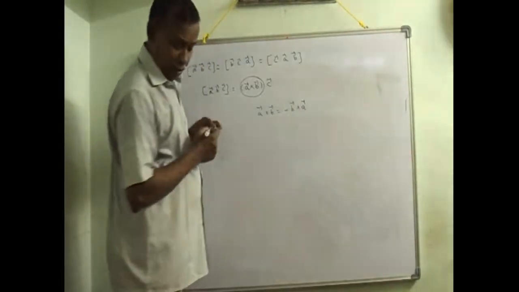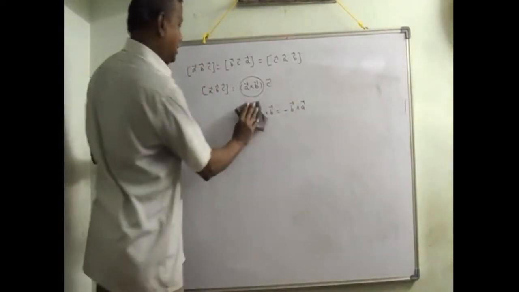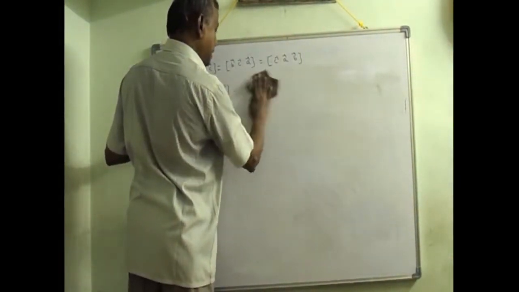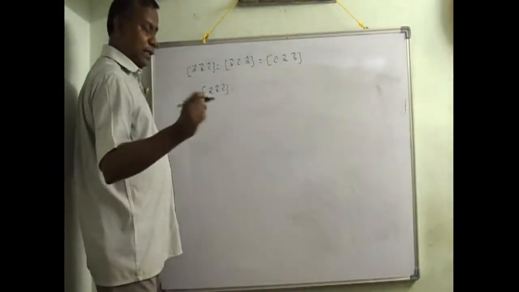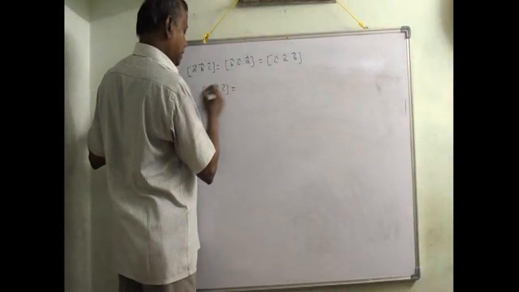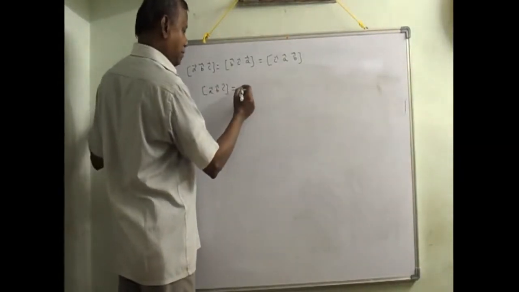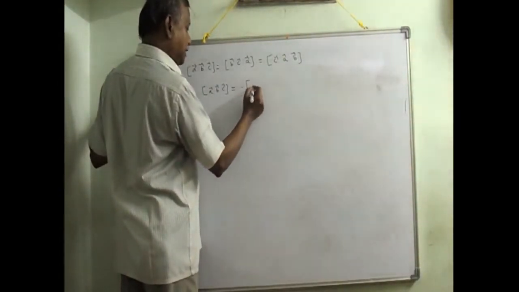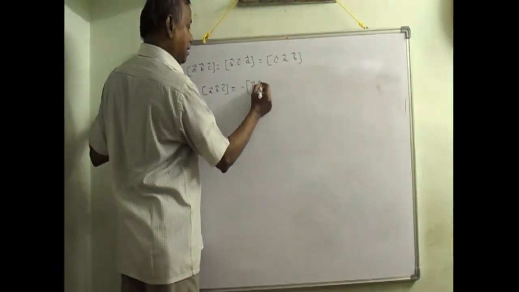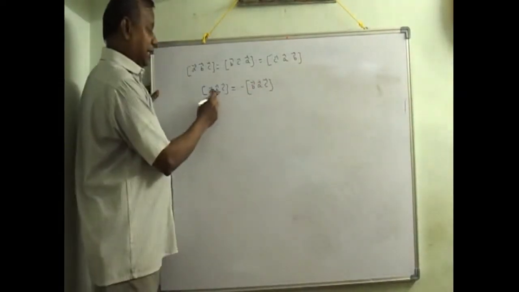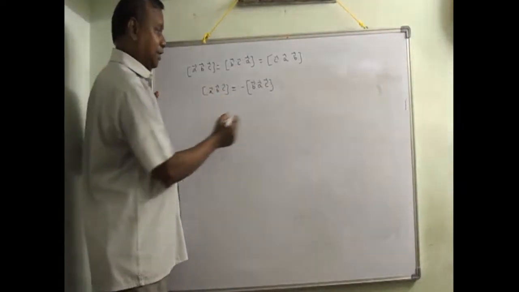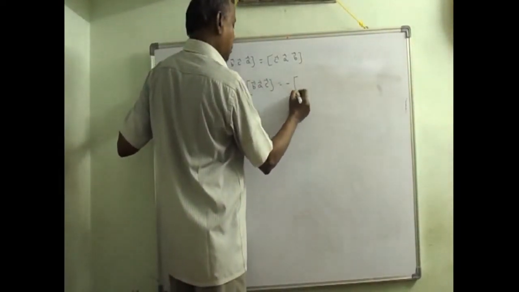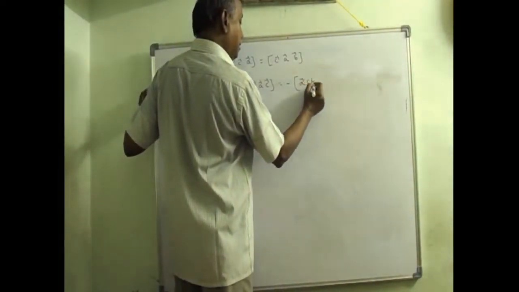So you already know. Similarly, if you interchange any two of the vectors, two consecutive adjacent vectors, then the result will become negative. Then box ABC equals minus BAC. Here I interchange A and B, not cyclic. So if I interchange two of the vectors, it is equal to minus ACB.